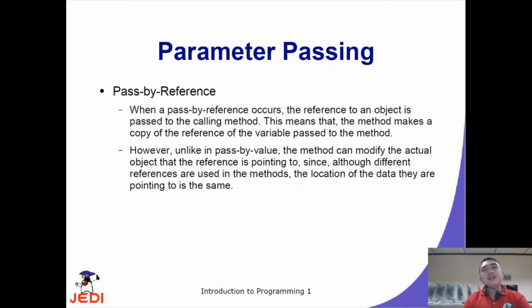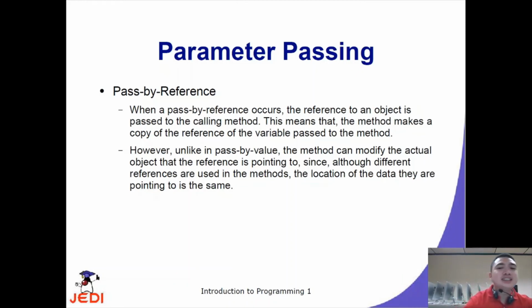Next is parameter passing, pass by reference. When pass by reference occurs, the reference to an object is passed to the calling method. In pass by value, the value is copied to the parameter that receives the value. In pass by reference, the reference to an object is passed to the calling object.